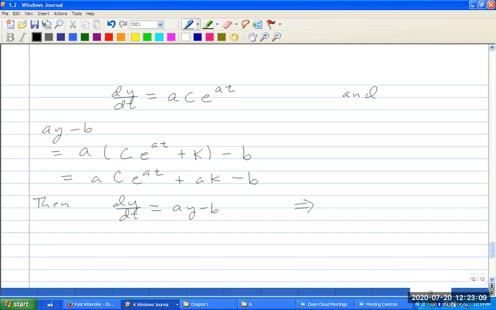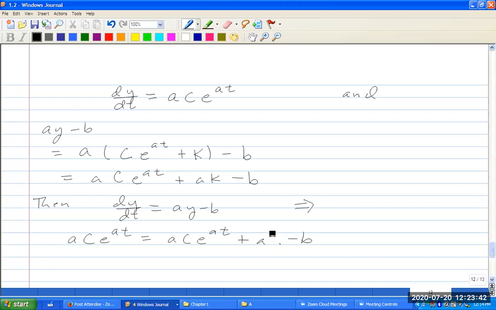So I figured out what dy dt is. It was ac e to the at. I figured out what ay minus b is. It's ac e to the at plus ak minus b.